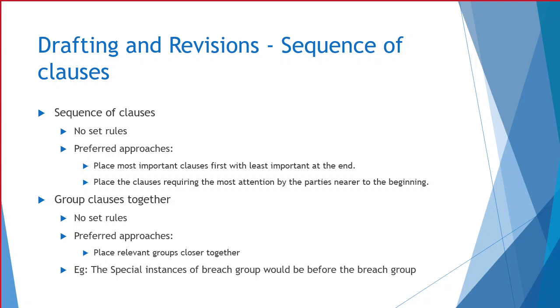But I do agree with grouping of clauses together. Again, place relevant clauses closer to each other so that it allows easier paging. Keeping certain clauses apart might be a tactic used to avoid certain implications becoming very apparent, where, for instance, the agreement is being negotiated between two parties by their respective legal teams.